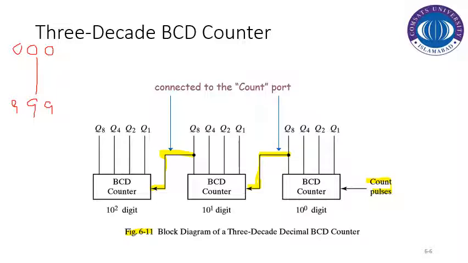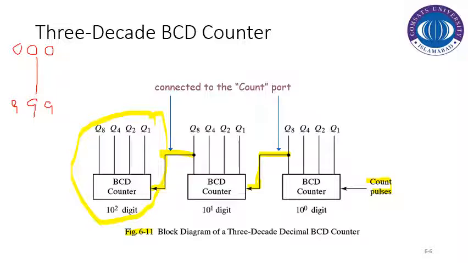So the number of BCD counters is totally dependent upon how many digits we have to cover, or how much count sequence we have to generate. For example, if we have to generate a count sequence till 9999, what we have to do is replicate this part.